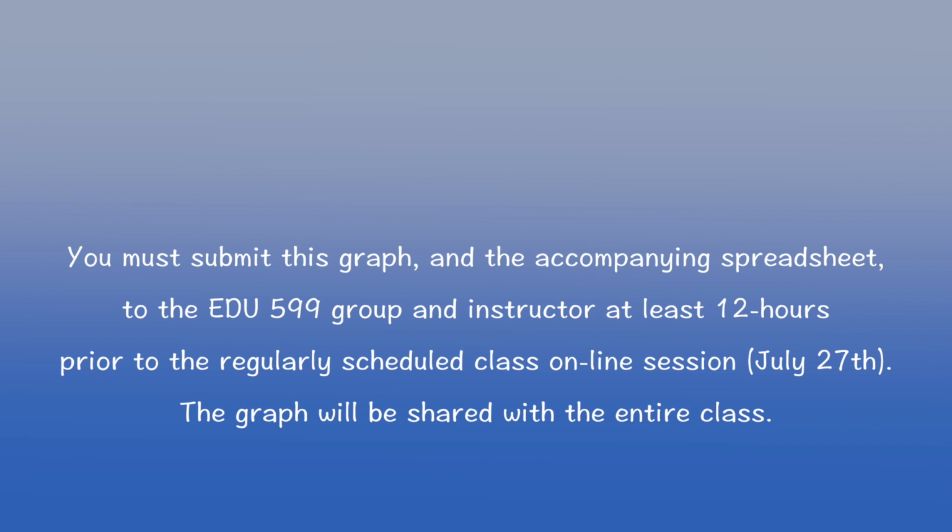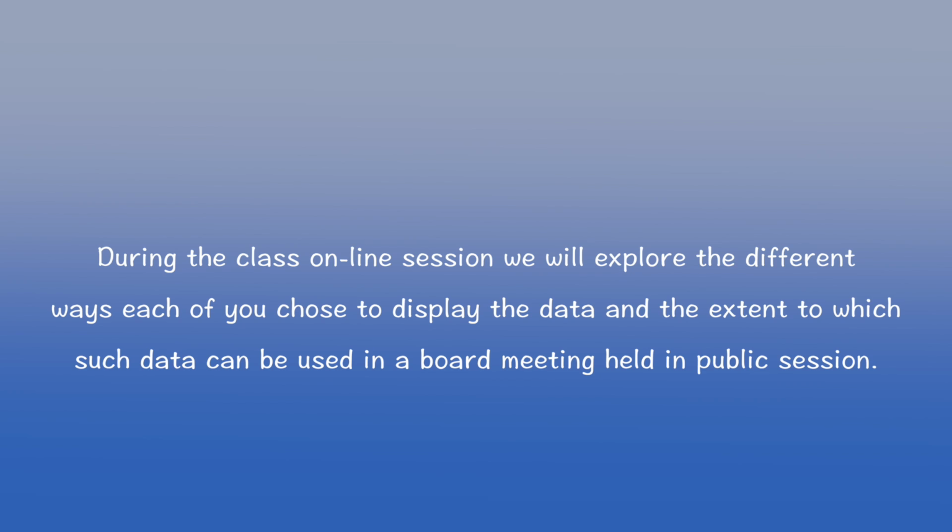You must submit this graph, and the accompanying spreadsheet, to the EDU 599 group and instructor at least 12 hours prior to the regularly scheduled class online session. The graph will be shared with the entire class. During the class online session we will explore the different ways each of you chose to display the data and the extent to which such data can be used in a board meeting held in public session.